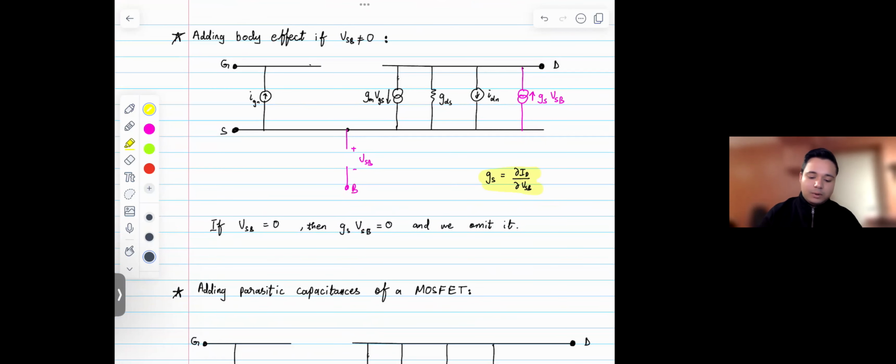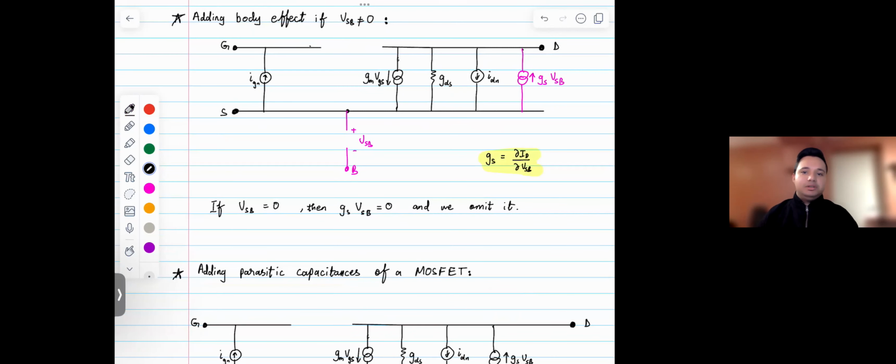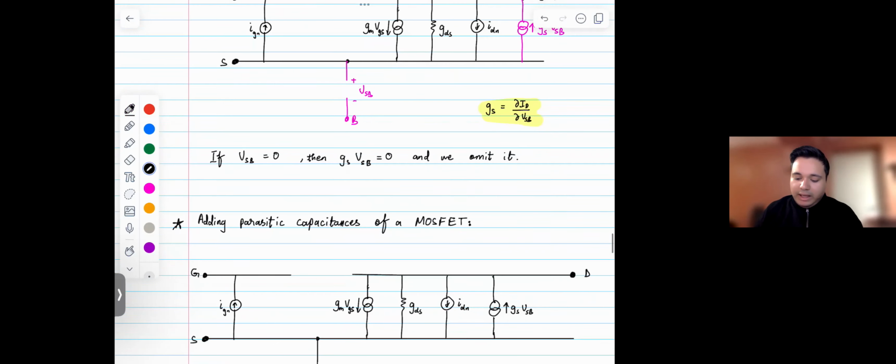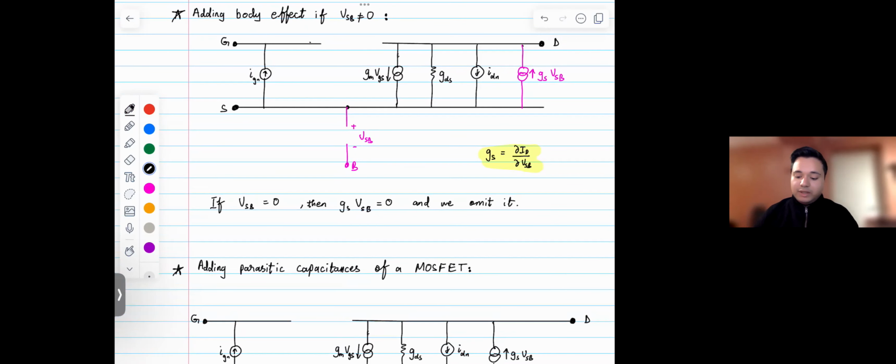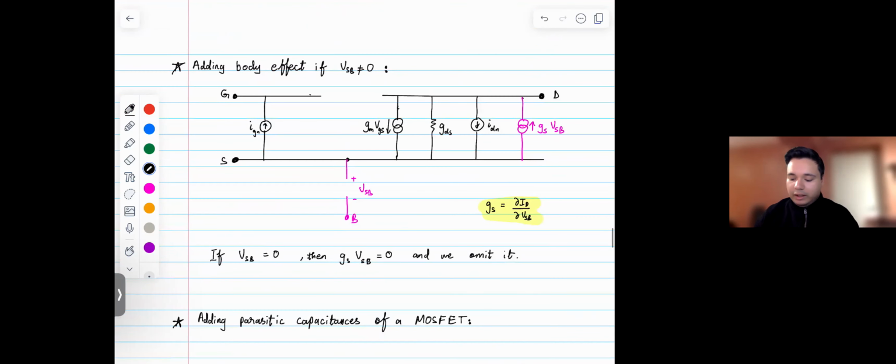So that's just another quantity based on the derivatives. Just like GM and GDS, there's also GS. And again, if VSB is zero, then GS VSB is zero, and that means we don't have a body effect, in which case you can basically ignore everything that I've drawn in pink here.